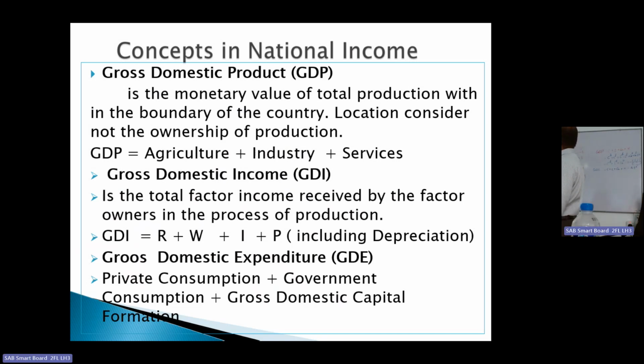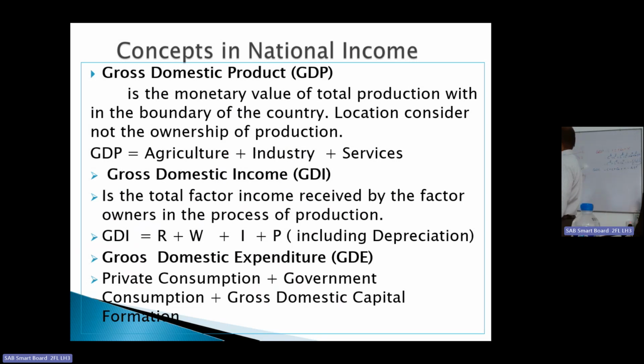And the expenditure method means we look at the final stage, when we are making the expenditure. Based on that, we calculate the national income. Based on the expenditure, we acquire goods and services.